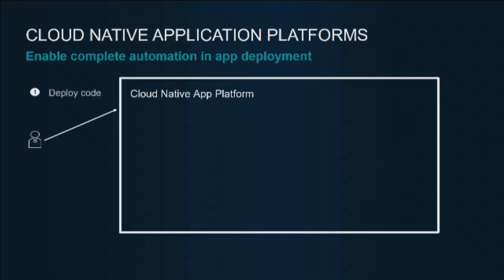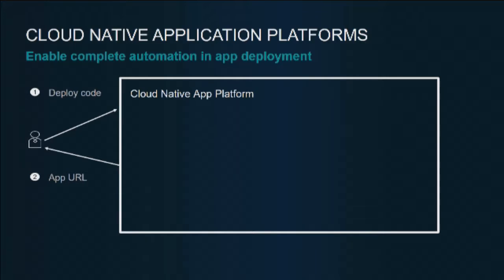Developers want to deploy code, and everything needed to bring this application online, whether it's deploying compute, network, storage, load balancing, services, is desired to be automated. The developer instantly expects the application to be deployed and gets a URL to access the application. This is the level of automation that developers today expect.